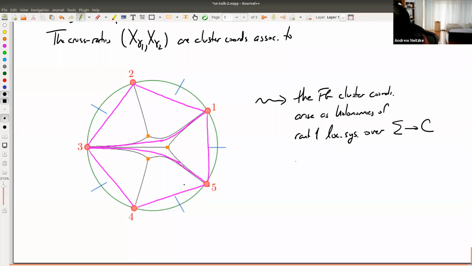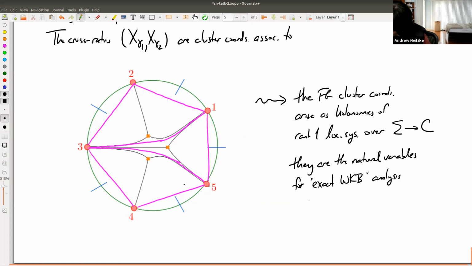And they in some sense arise automatically. So where does this local system come from? It arises automatically if you try to do this WKB analysis of the differential equation, the so-called exact WKB analysis of these Schrodinger type equations.